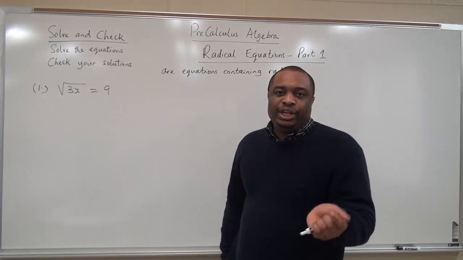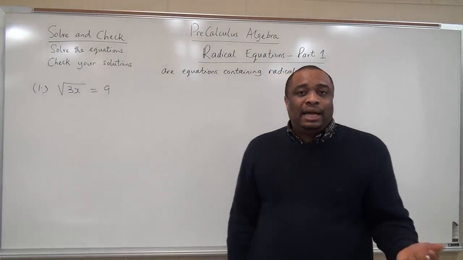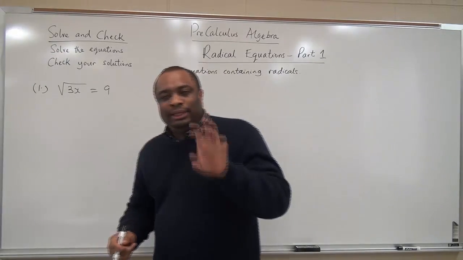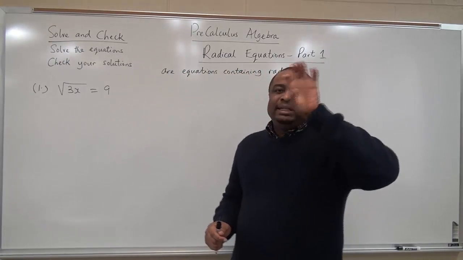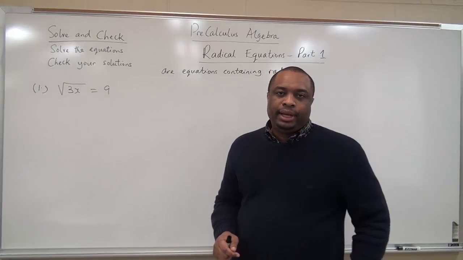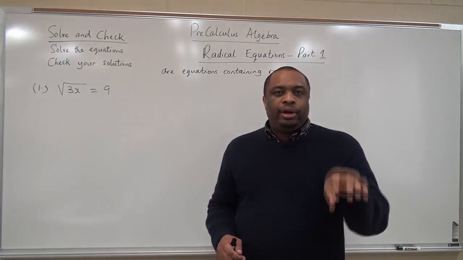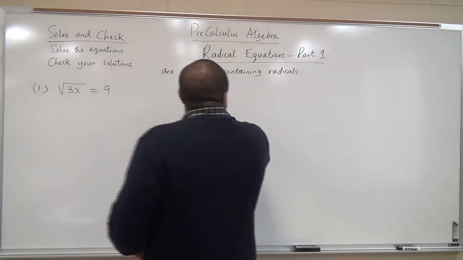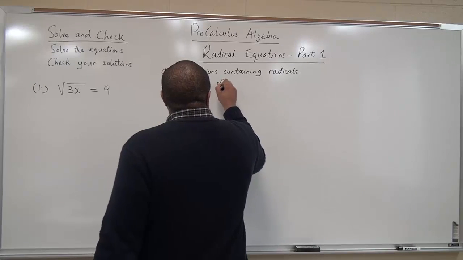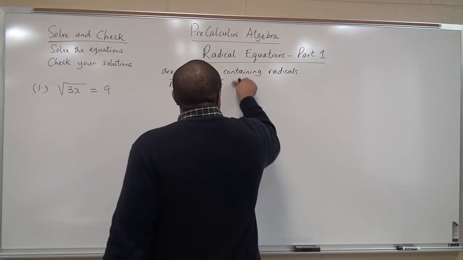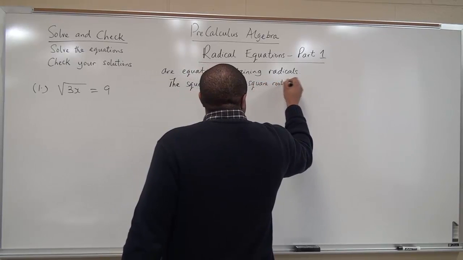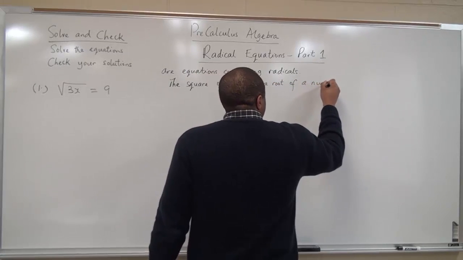Because it is an equation, whatever you do to the left-hand side, you have to do to the right-hand side as well. This comes from the fact that the square of a square root of a number is the number.